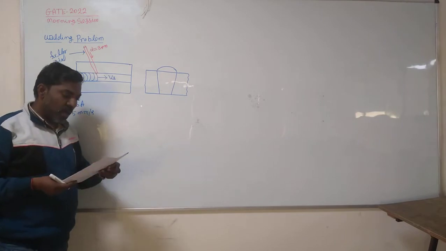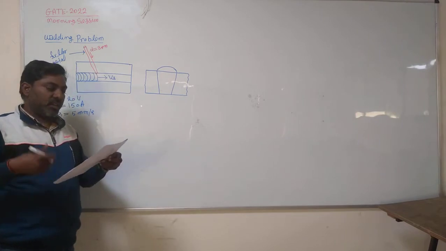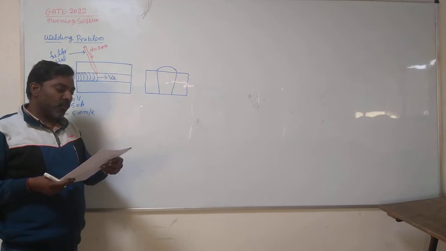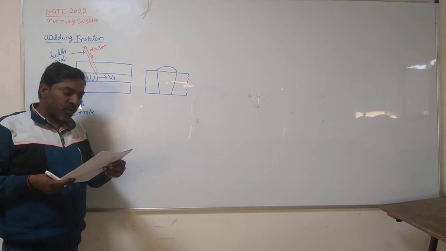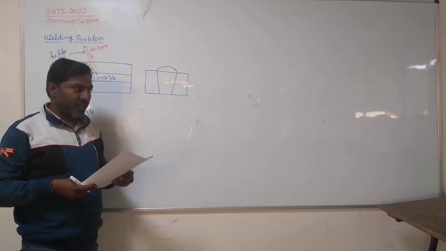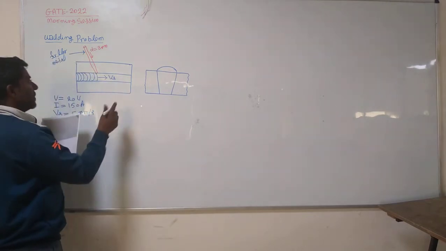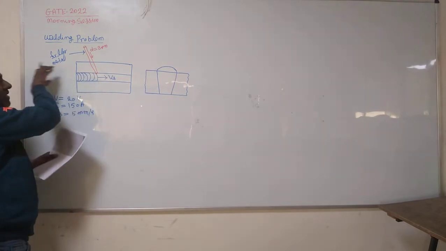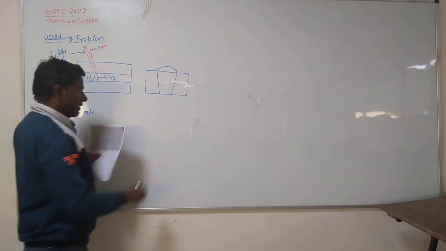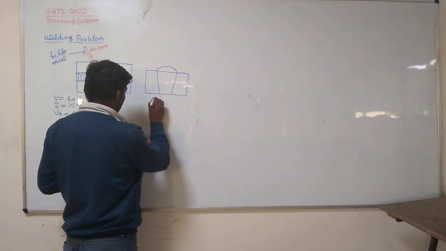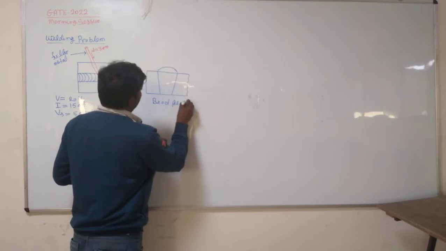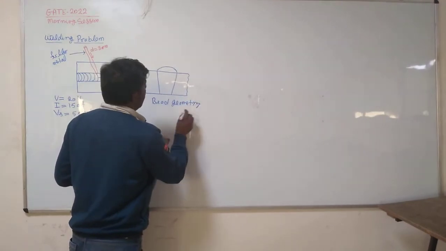The filler wire feed rate is selected such that the final weld bead is composed of 60% volume of the filler and 40% volume of the plate material. Okay, so if you see from this side, you can see what the bead geometry is. So this is the bead geometry.